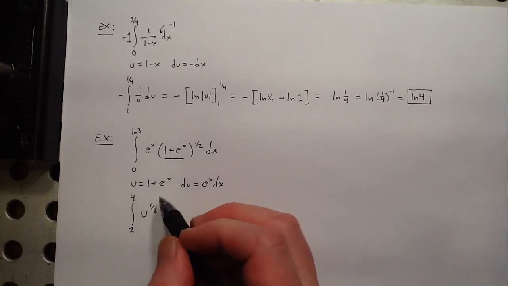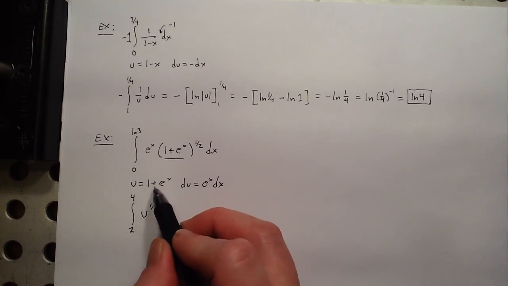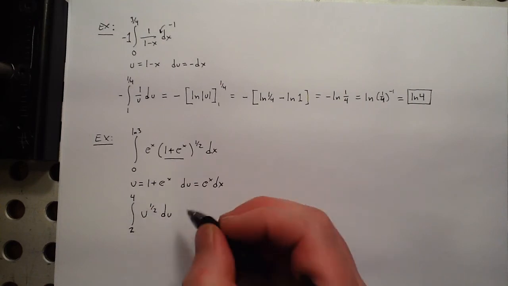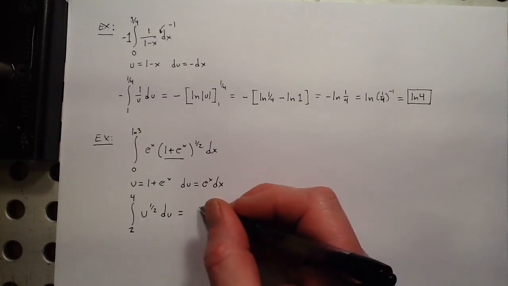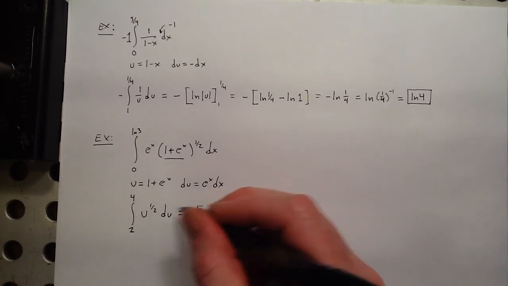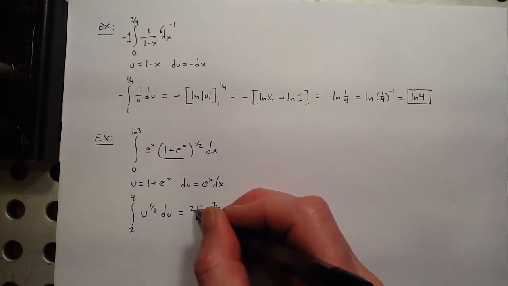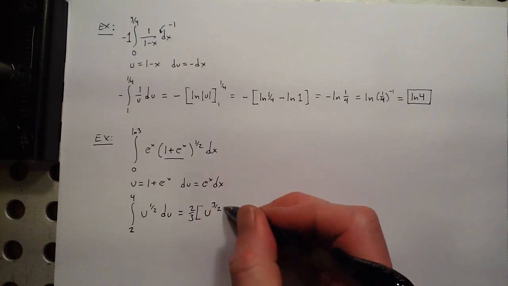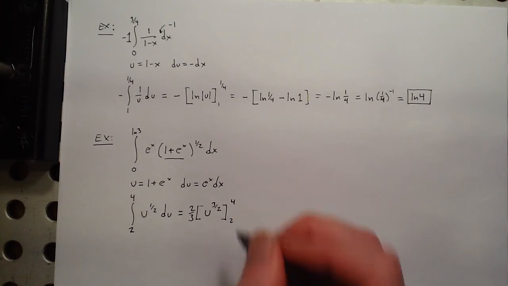You can tell anybody who's interested in listening that you learned in calculus today that 1 plus 3 is 4. And the antiderivative of that is the new exponent, bump that up 1 is 3/2, and then that'll be multiplied by 2/3, which I'm just going to go ahead and put right on the outside there, from 2 to 4.